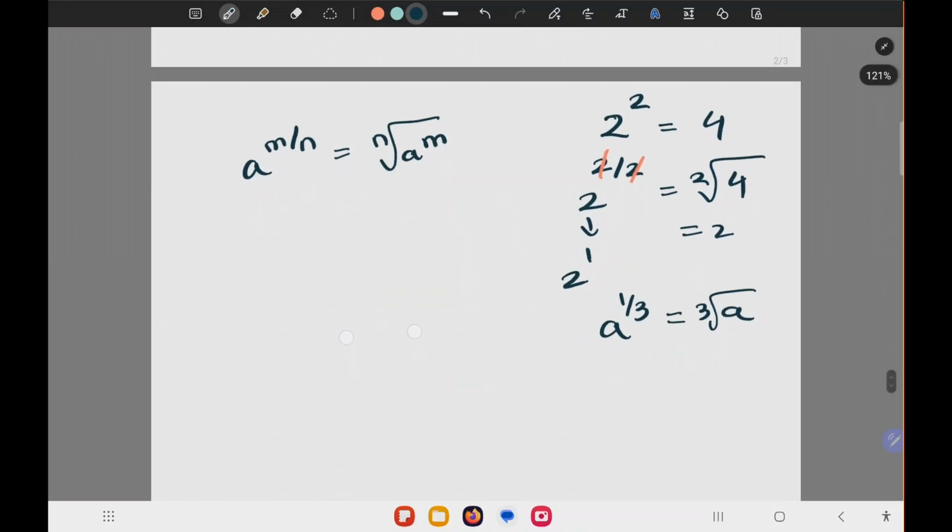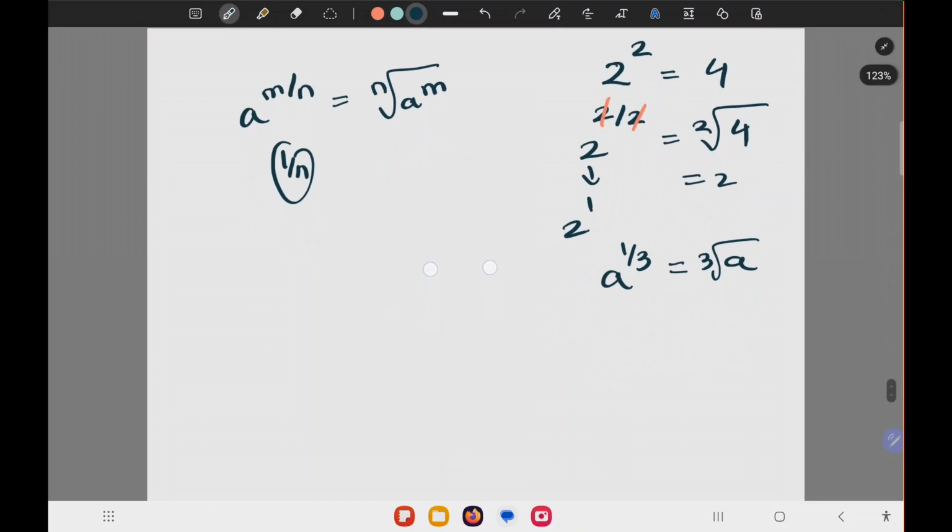So coming back to the general form, how do we actually understand this form? We know that a to the power m is basically a multiplied by a m times, and we don't really need to care about that for now. We just need to care about the 1 by n part of it. And how to prove that?